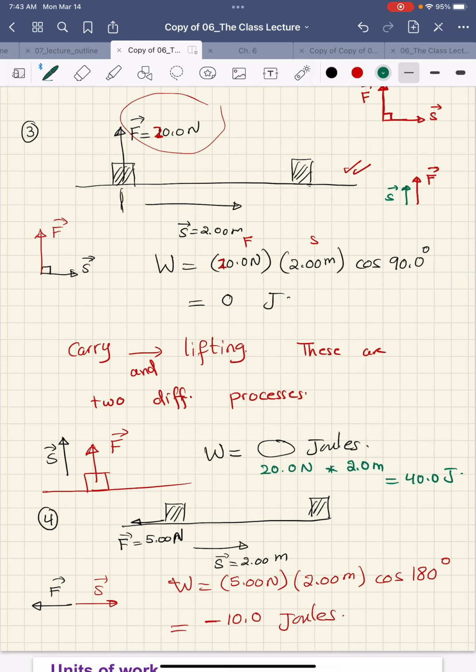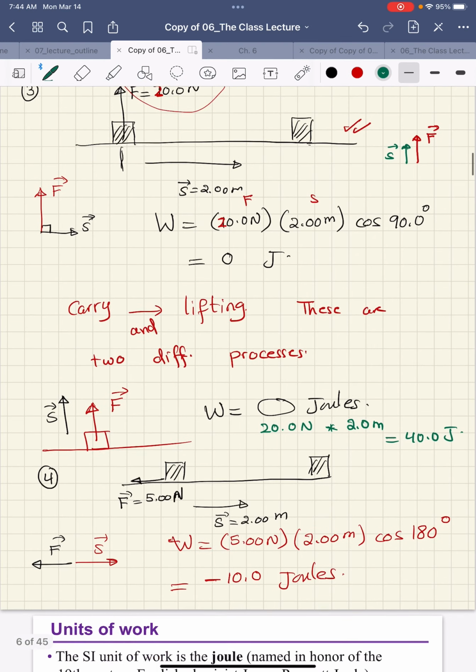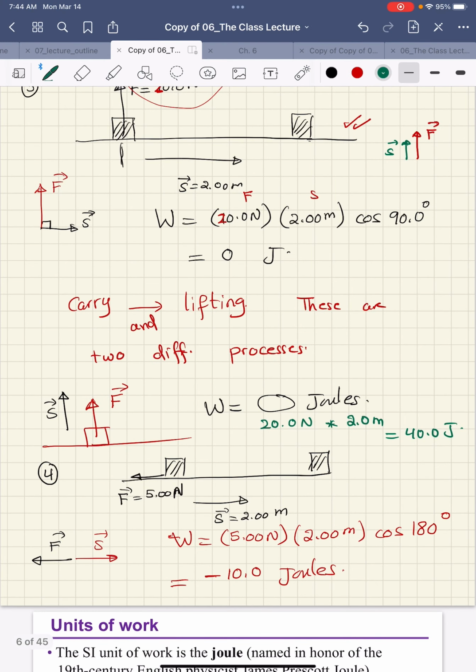In number 4 here, I assume I have a force that is in the opposite direction of the motion, and this is the motion direction. I assume this is a force of friction acting to the left, and it is 5 newtons. This is the direction for S, and the direction of the force is opposite.